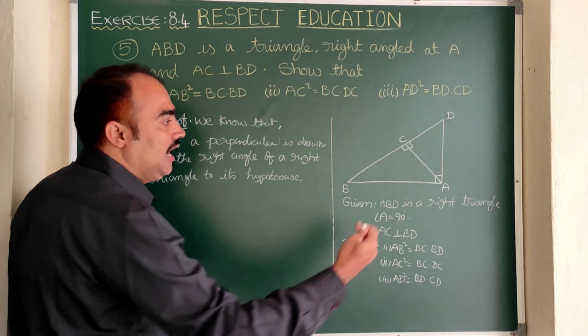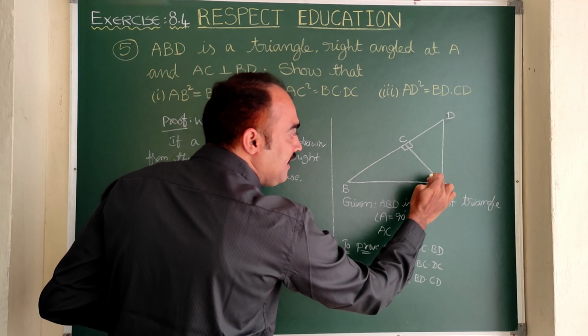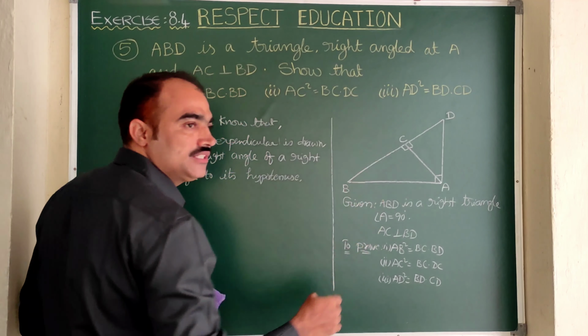That means here a perpendicular is drawn from the right angle of a right triangle to its hypotenuse.